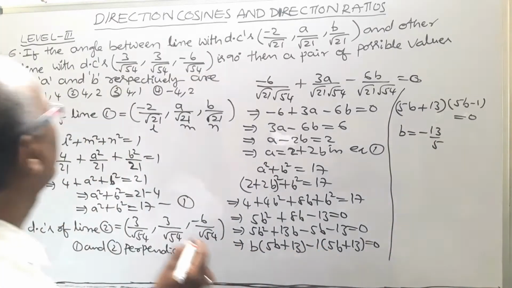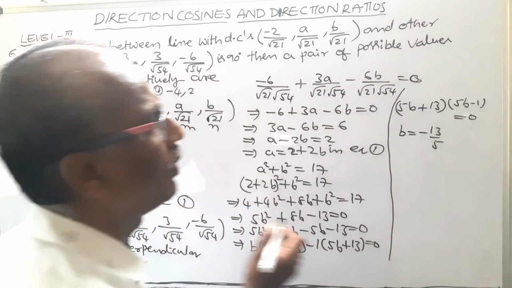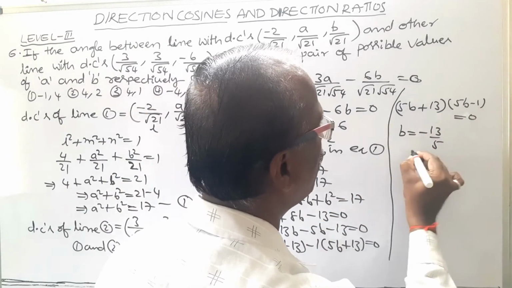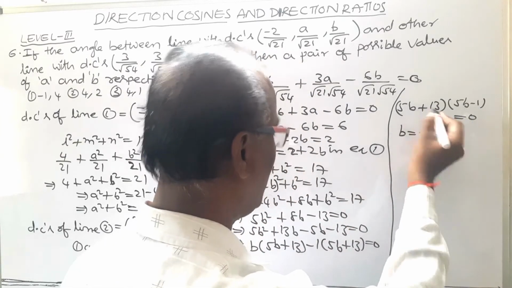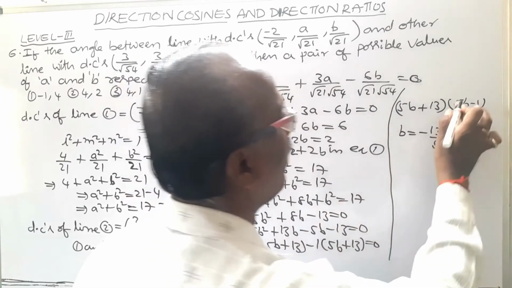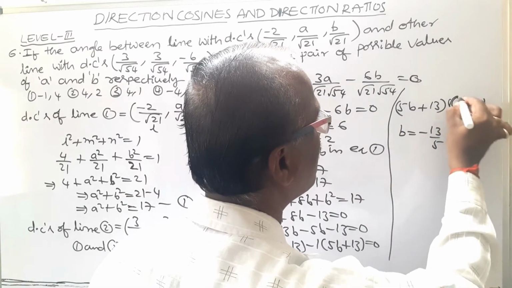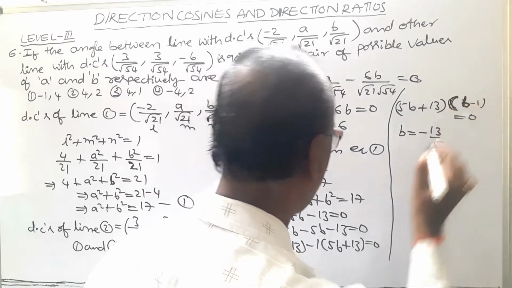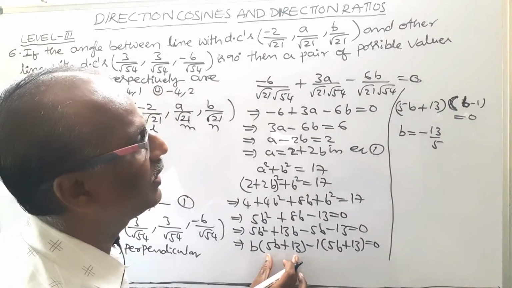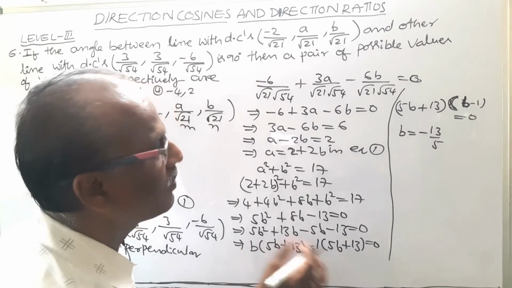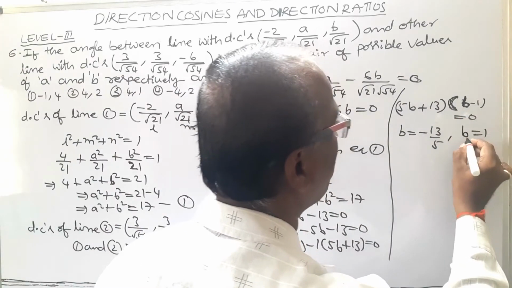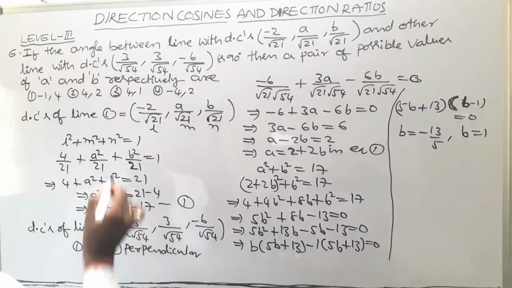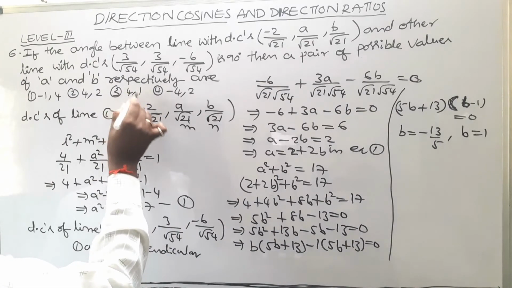In the options there is no minus 13 by 5. The other factor, B minus 1 equal to 0, gives B is equal to 1. If B is equal to 1, the third option is correct.